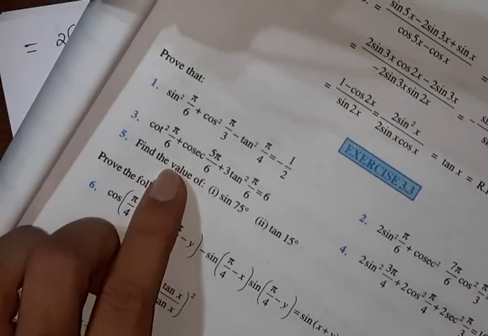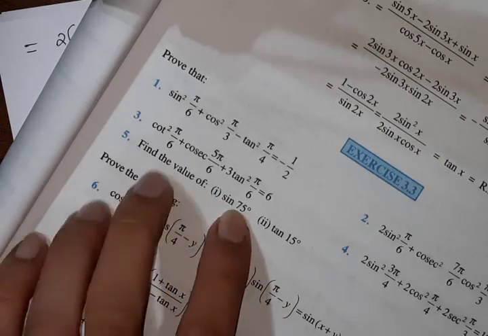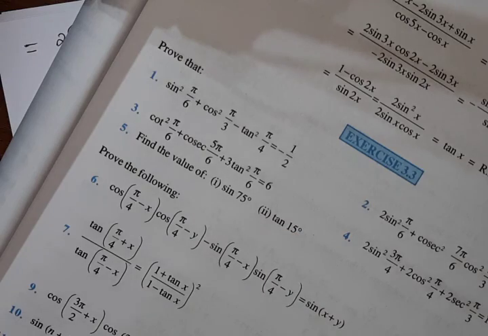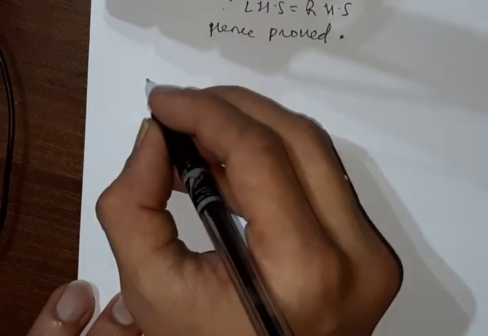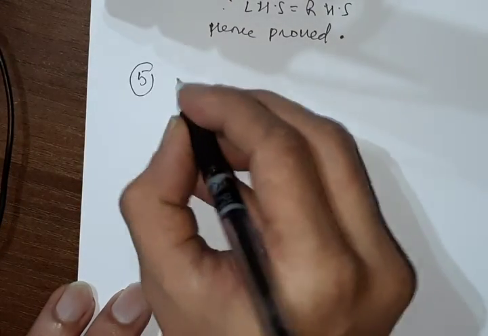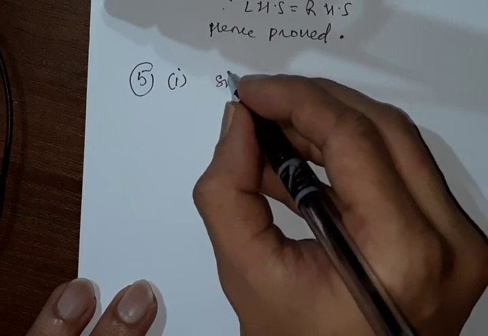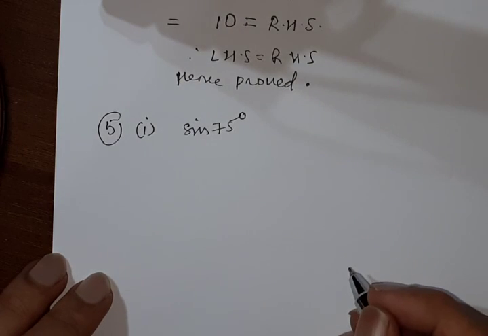Okay, so fifth one is what? Find the value of first sine 75, okay, and second is tan 15. So first let us find the value of sine 75. So sine 75 degrees we have to find.